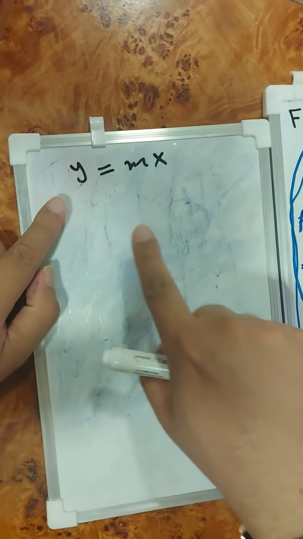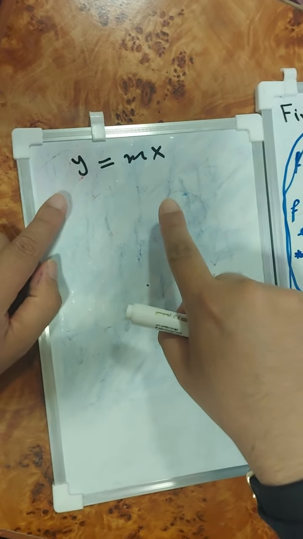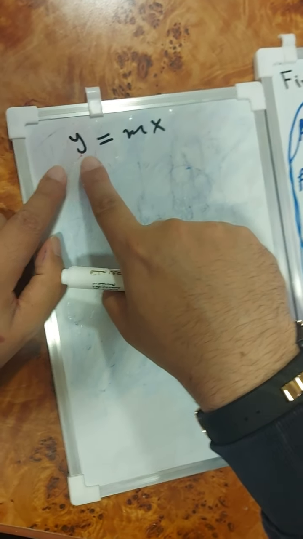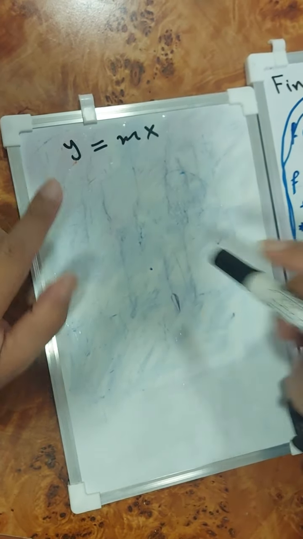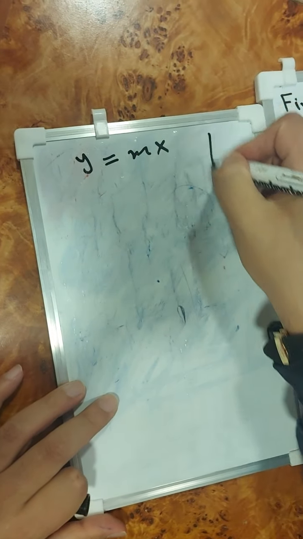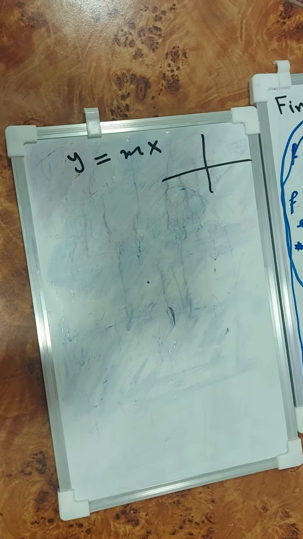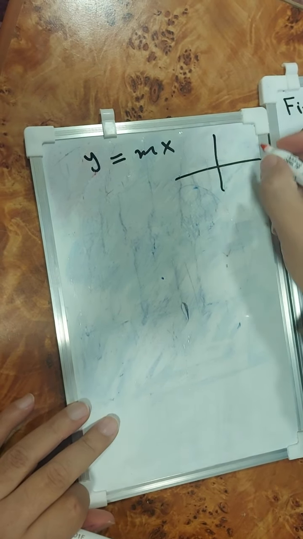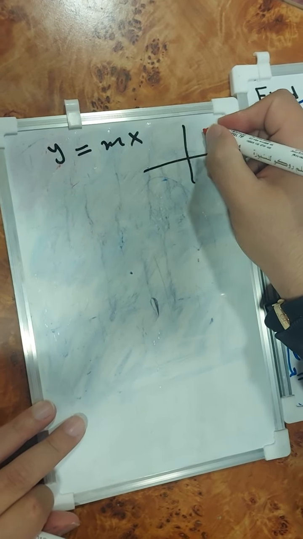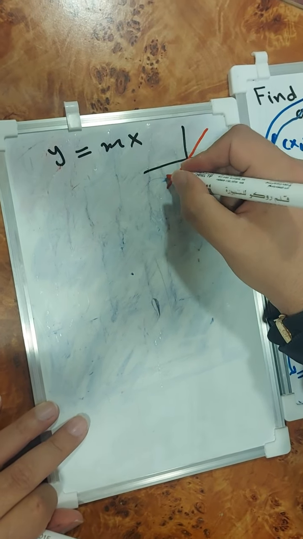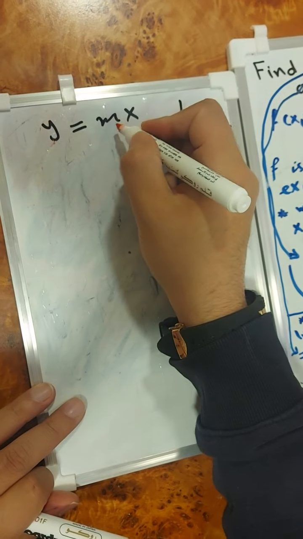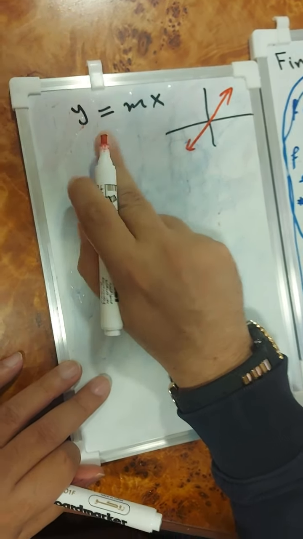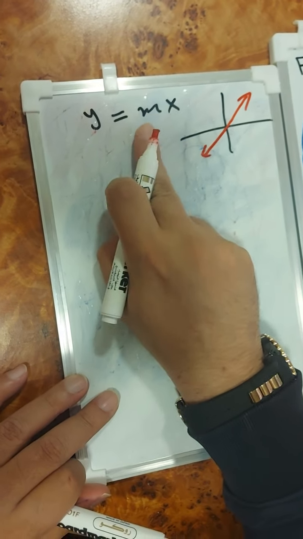But we need to know that the substitution y equal mx means a line in the plane xy that intersects the origin like this with slope m. The y equal mx substitution means a straight line with slope m.